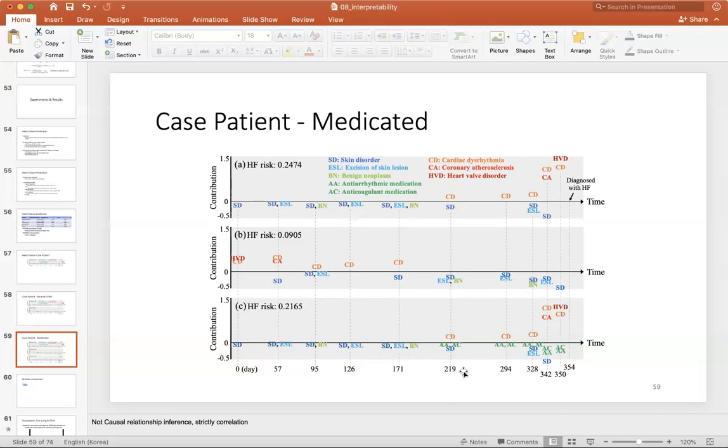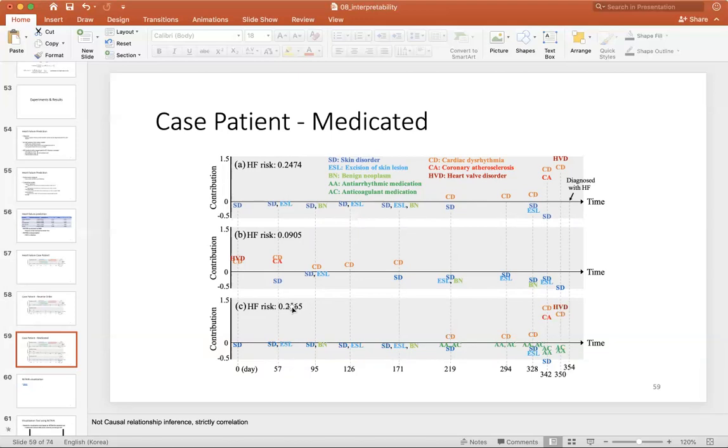On days 219, 294, 320, every single visit where they have heart-related conditions, I added these 2 medications. And you can see that the risk has decreased, not drastically like 9%, but from 24, 25% to 21, 22% is a noticeable decrease.